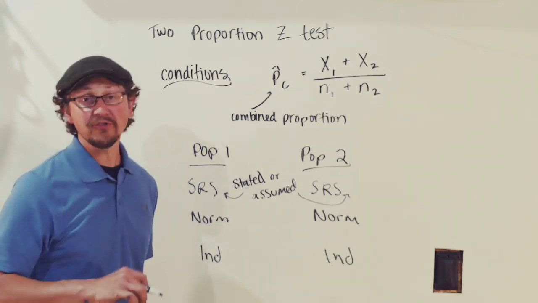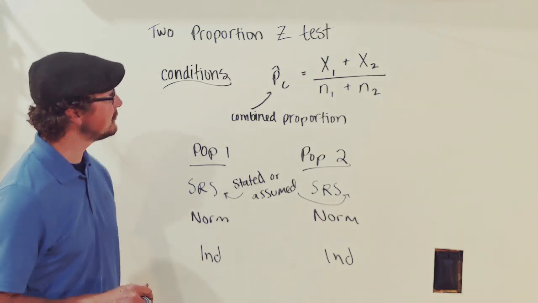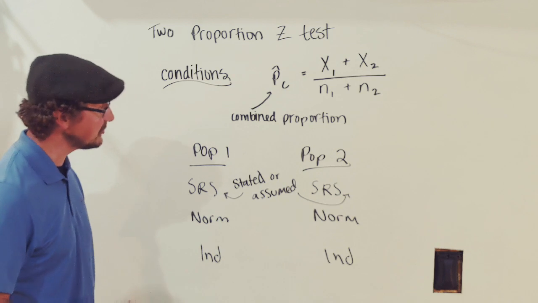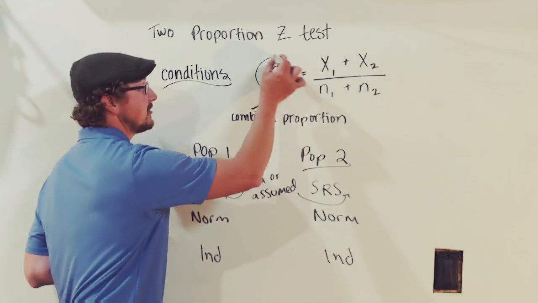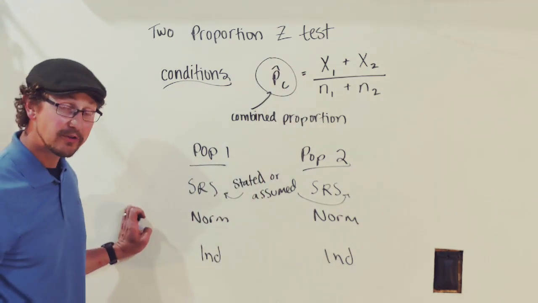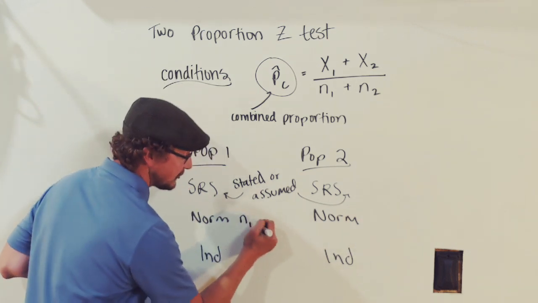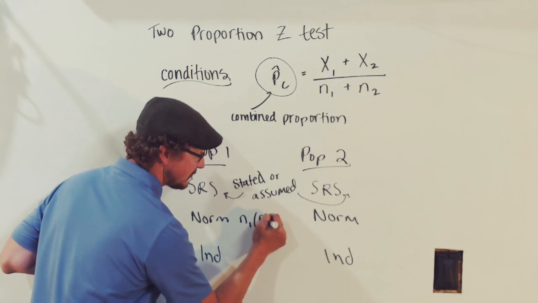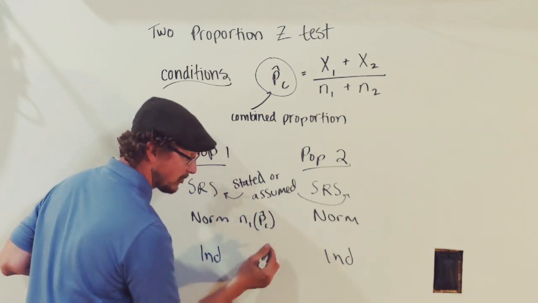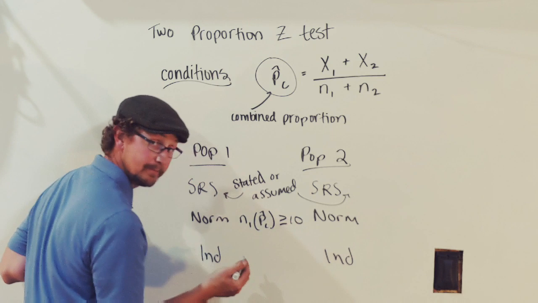Normality, a smidge different than we've seen for proportions in the past. Now we're going to use this combined proportion for the sample and show it like we have in the past. Sample size of 1 times the combined proportion has to be greater or equal to 10.